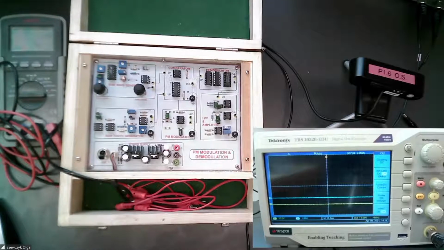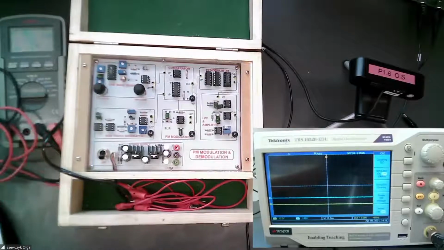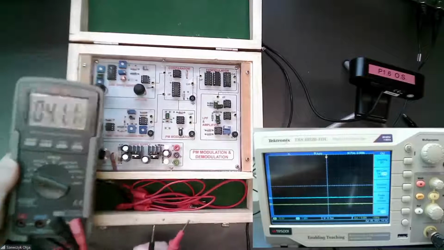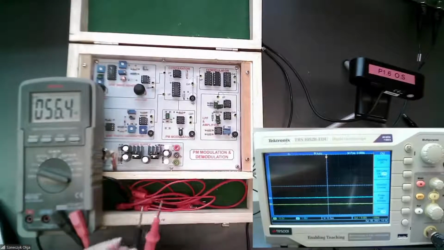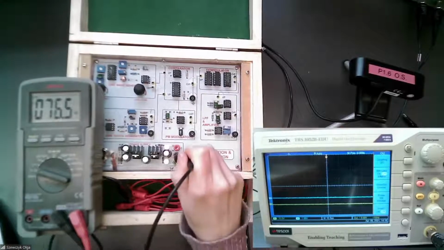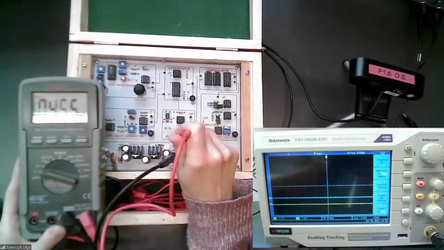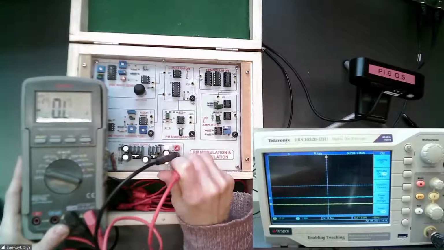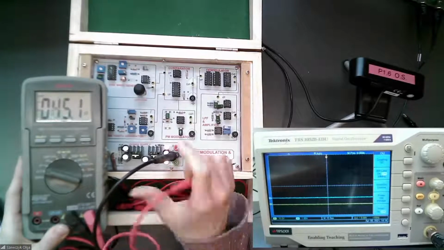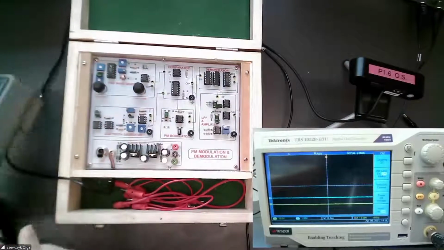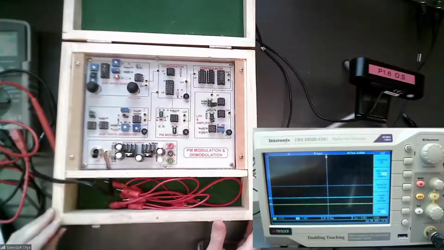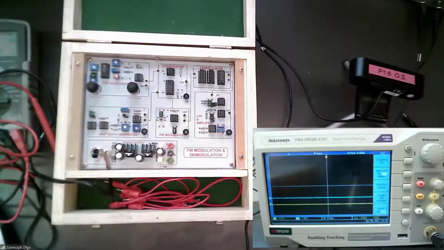Okay, so maybe let's look at the power supply section to see whether our trainer kit is working. Okay, we have +5 and here we have -5. Okay. So first of all, we're going to look at our sine wave generator.